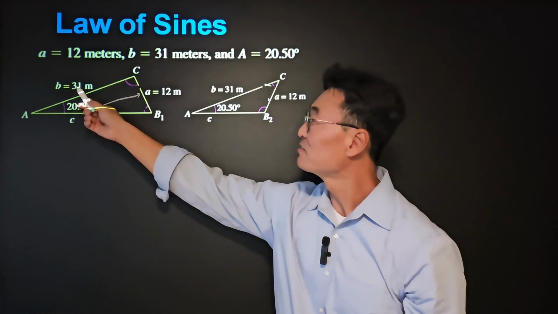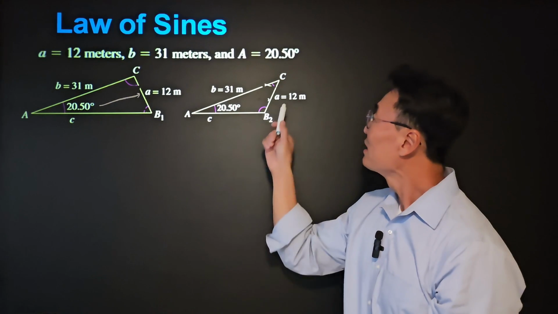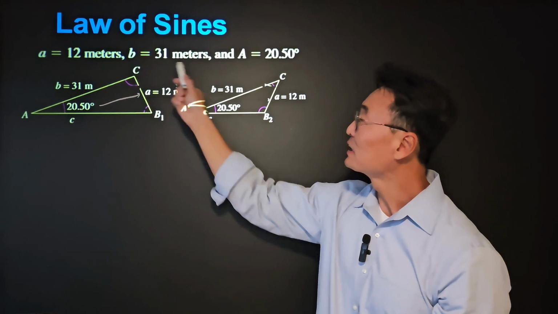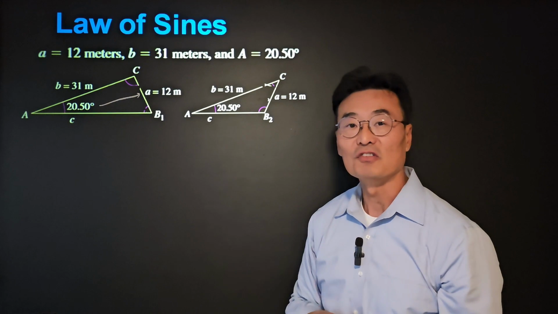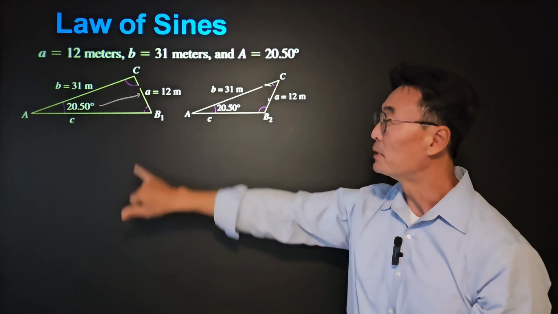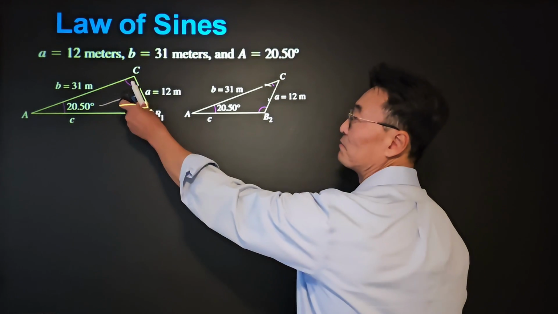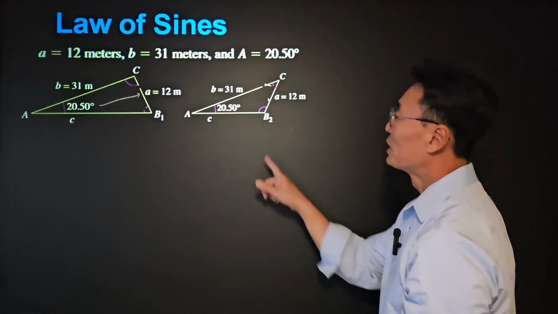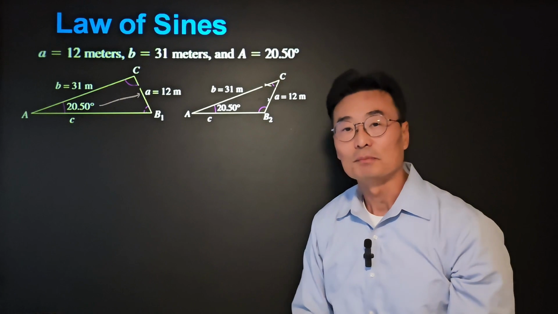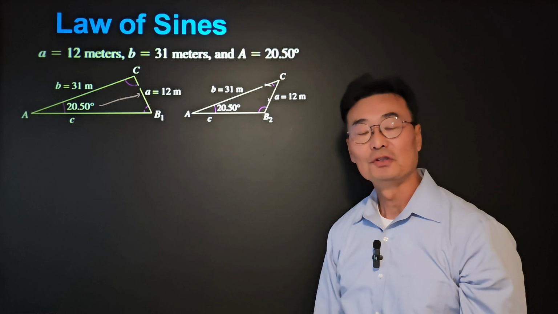Notice that side B is 31, angle A is 20.5, and side A is 12. All the information that's given by the problem is the same for both triangles. Only difference is that angle B here is acute, meaning it's less than 90. But again, if this side swings around to the left like this, then we end up getting angle B as an obtuse angle. Hence, we get two separate triangles.